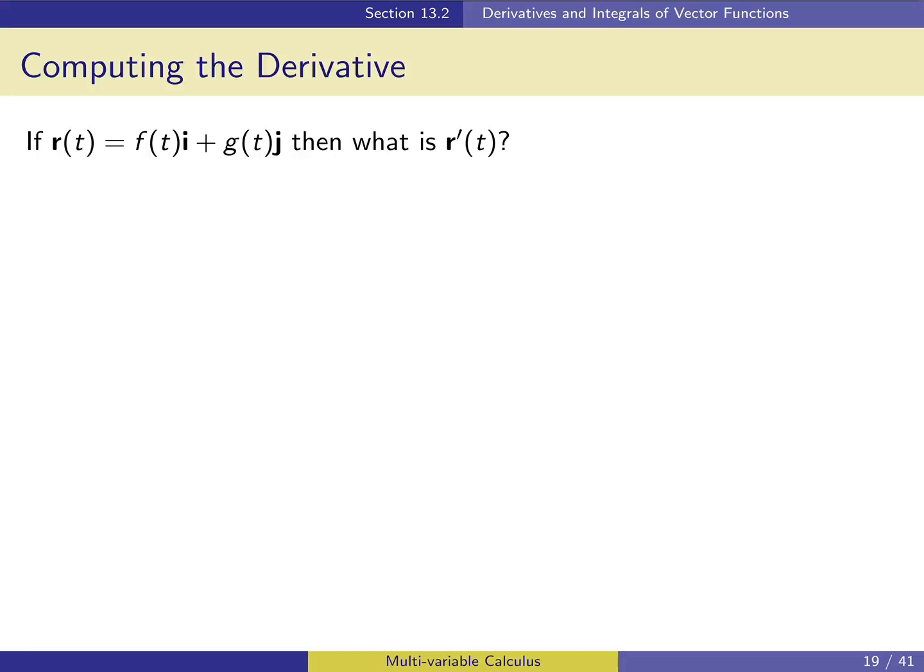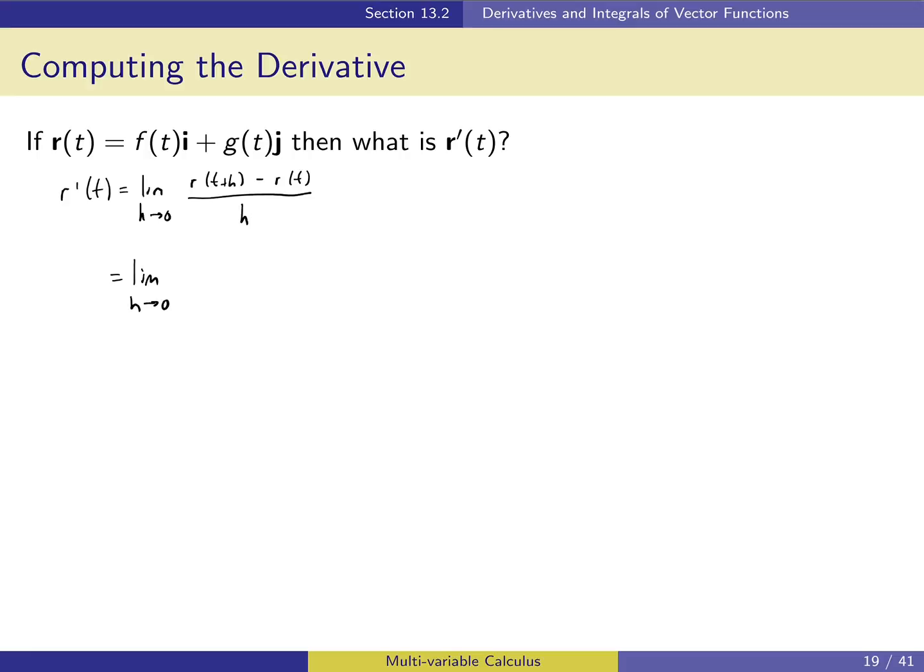Well, let's just follow the definition. The definition says that r prime of t is equal to the limit as h goes to 0 of r of t plus h minus r of t all over h. But we can use the component functions to rewrite r of t.